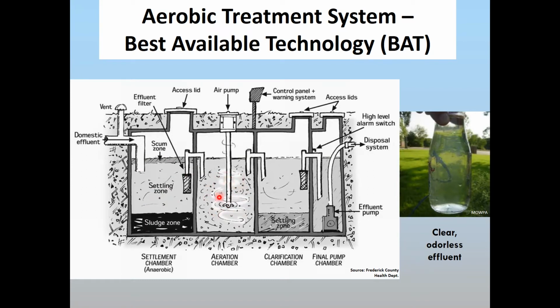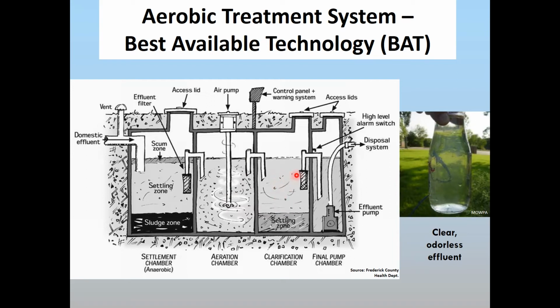We add oxygen in this chamber, and that is basically supplying the oxygen bacteria need to break down the organic material. And then that water then goes into another settling or clarification chamber, again, trying to remove a little bit more of the solids.